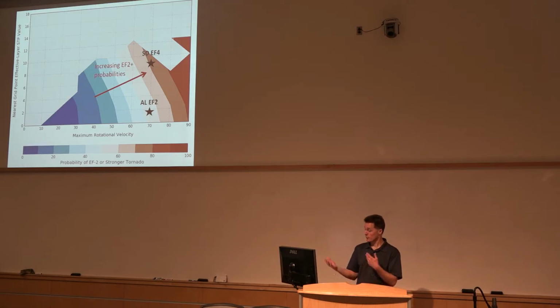So again, this shows for the same rotational velocity, there's an increase of about 15% in the probability of any particular tornado outcome. In this case, the chance of a significant tornado goes from 55% up to about 70 or 72%. So it's worth considering to have that about 15% improvement.